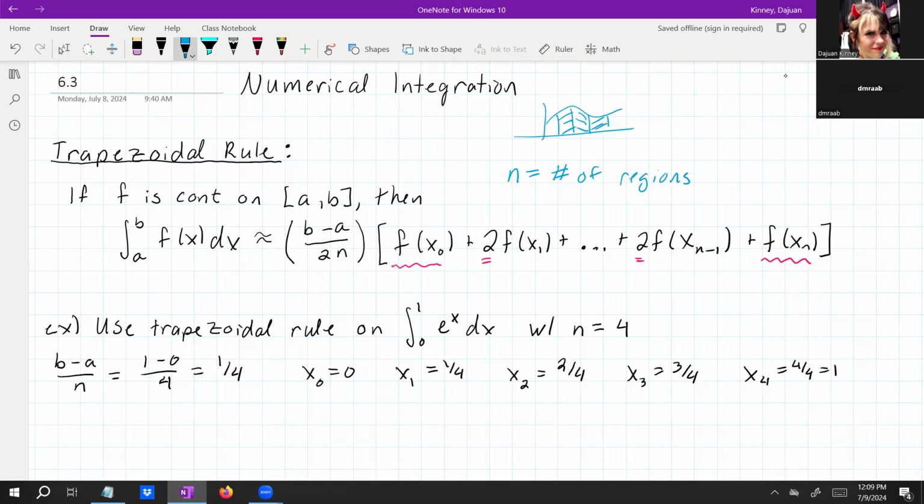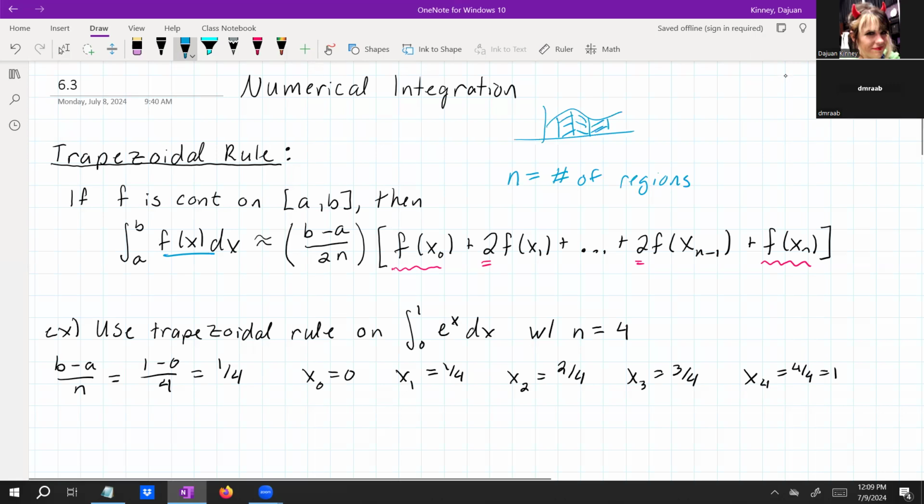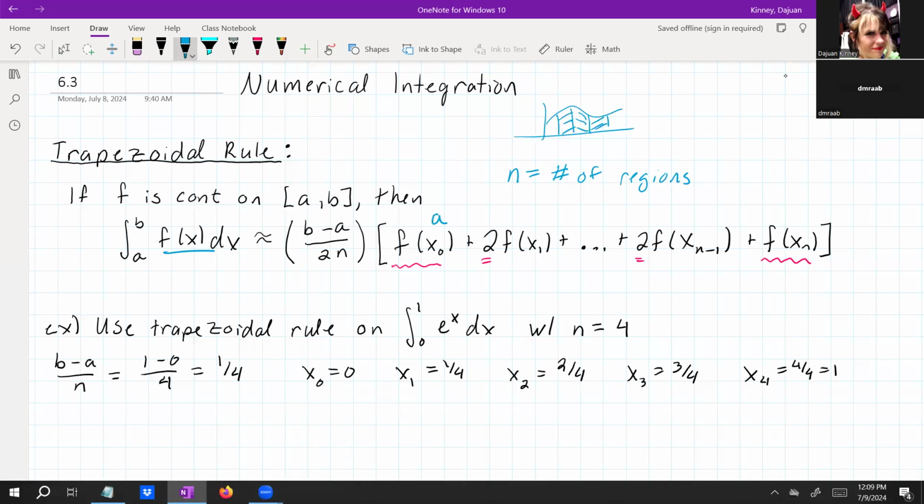And then once you find that, you take your f of x, so your original function here, times your first limit of integration, plus 2 times f of x times the next one, keep multiplying by 2, times your b value. So this will be your a, and this will be your b, and you find your n, find our delta x equals b minus a over n.